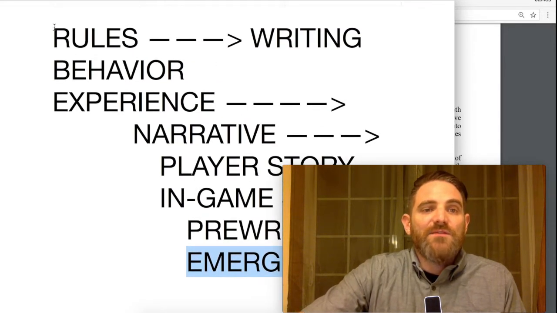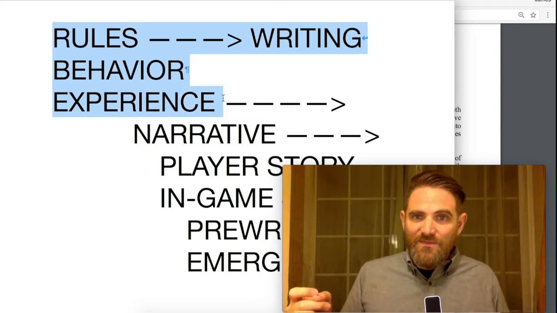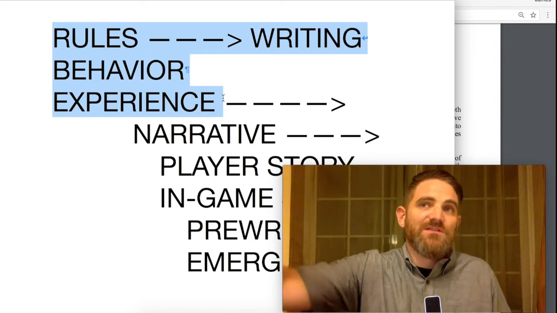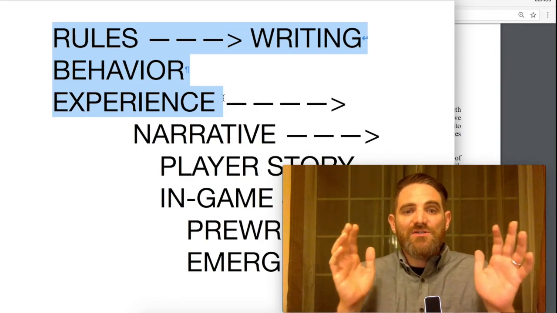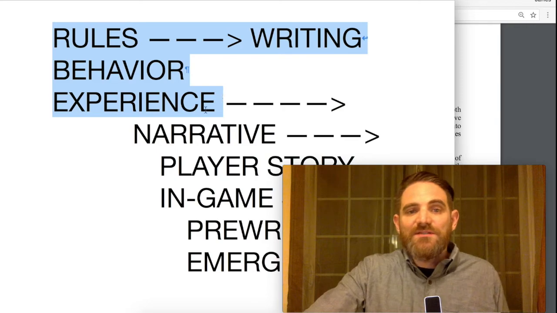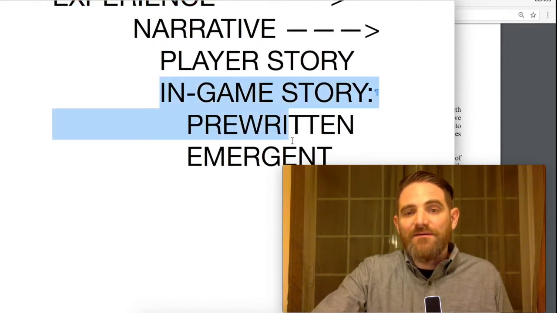When we think about rules, behavior, and experience in game design, when we think about the kind of text that we structure to influence the actions and then experiences of our players, we want to make sure that players come out of their experience with some kind of in-game story to talk about, right?